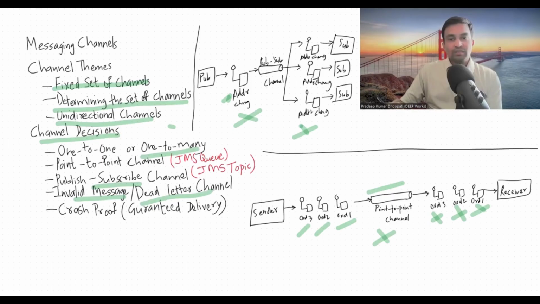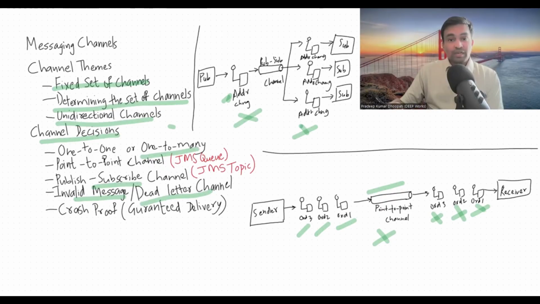Most messaging systems have some channels by default for these reasons. The invalid message channel holds all the invalid messages, hoping that some other monitoring application or tool will take care of those invalid messages in a timely fashion. And the next one is the dead letter queue.